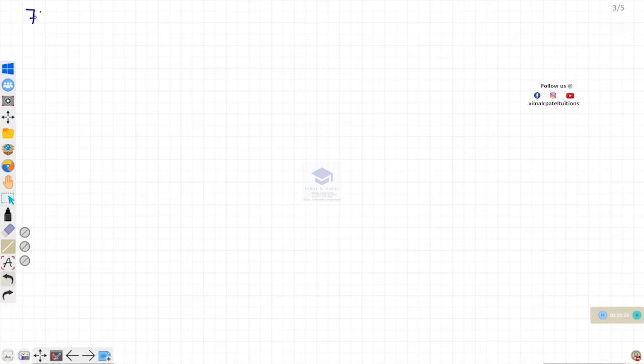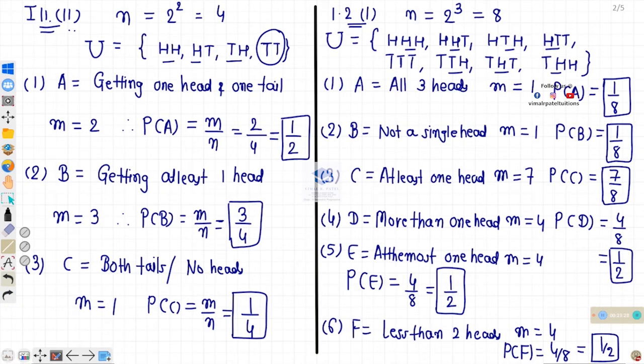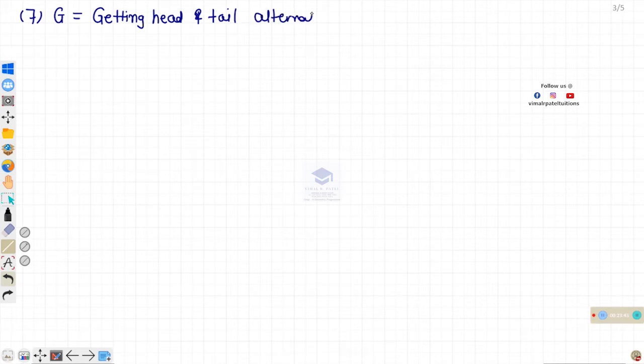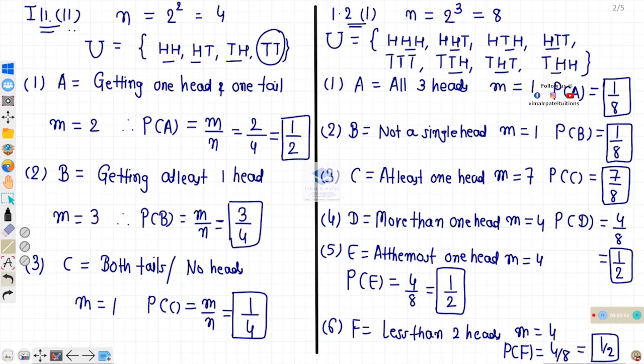Then getting head and then alternately, 2 by 8. Getting head and then alternate means HTH or THT.